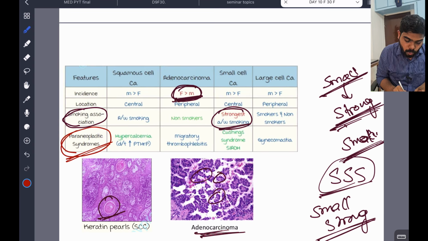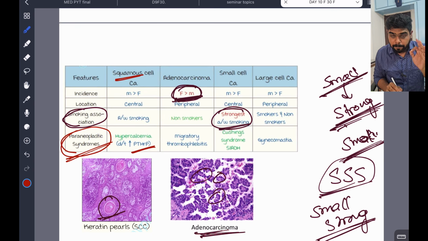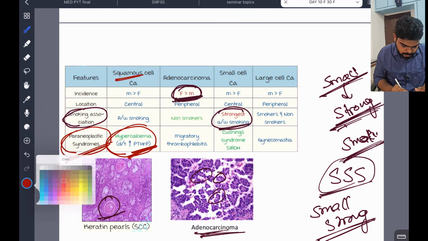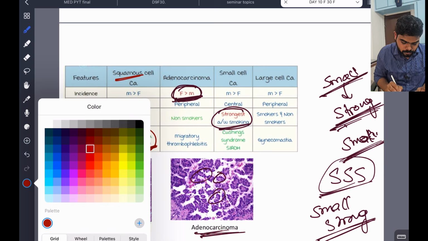For example, squamous cell cancer produces parathyroid hormone-related peptide, PTHrP, which resembles parathyroid hormone. So this causes hypercalcemia. This is the paraneoplastic syndrome in squamous cell carcinoma. This is important. So we will come to that point also.